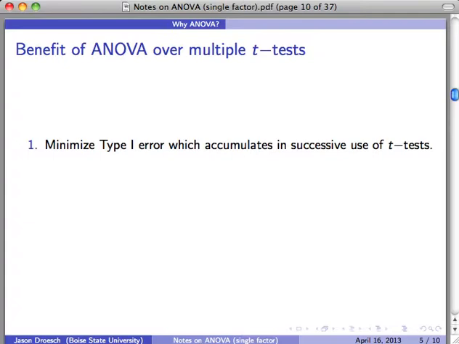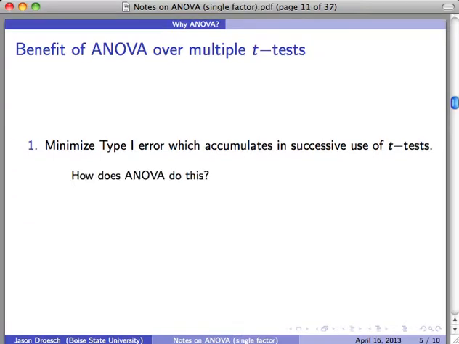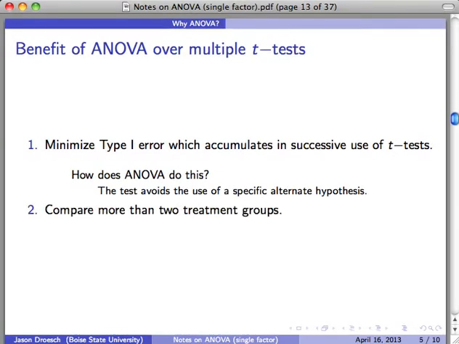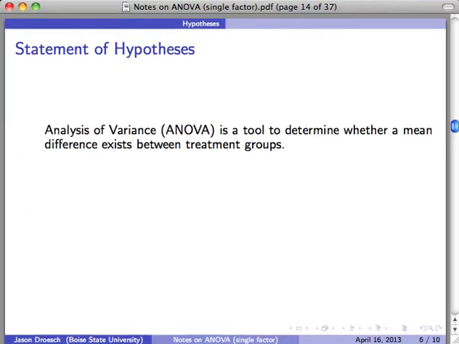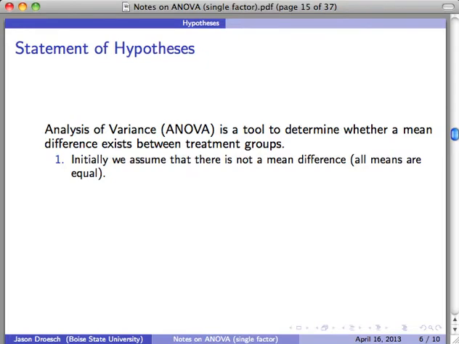So testing everything all at once allows us to minimize type 1 error, but we also can compare more than 2 groups. So we're able to say, okay, are all means equal, or are they all not? For our hypothesis, let's assume that there's no difference, so we're saying that all means should be the same.